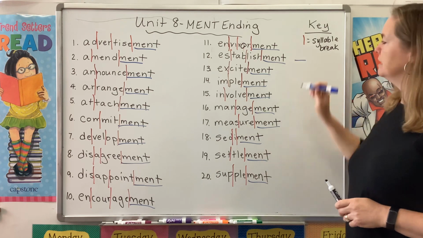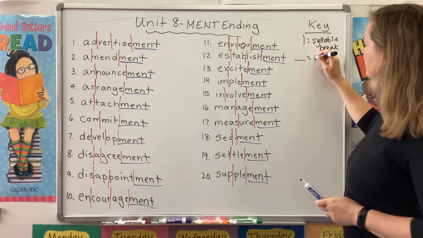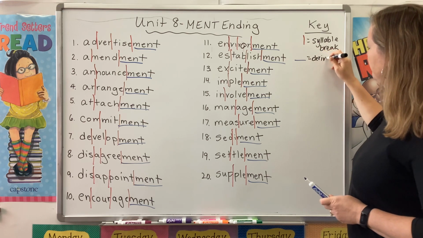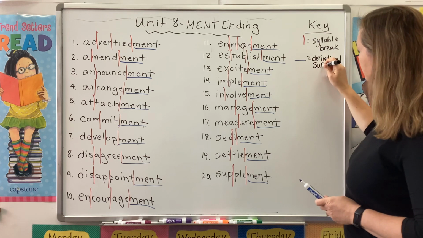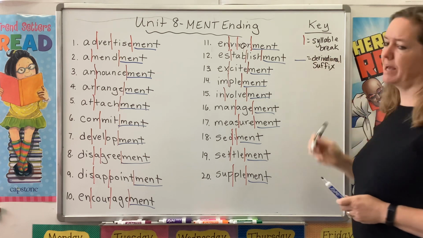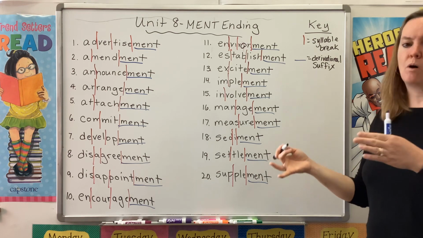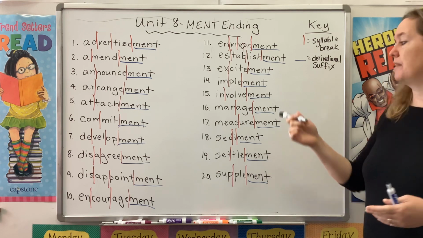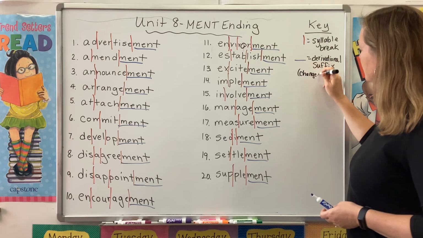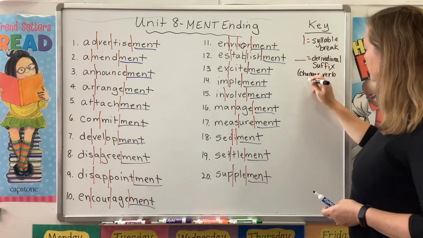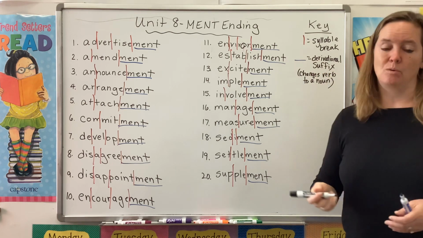But right here, that blue line equals derivational suffix. Okay, again, fancy words, all it means is it changes a word from one part of speech to another. In this case, it changes a verb to a noun.